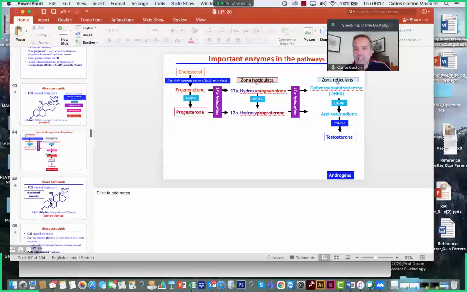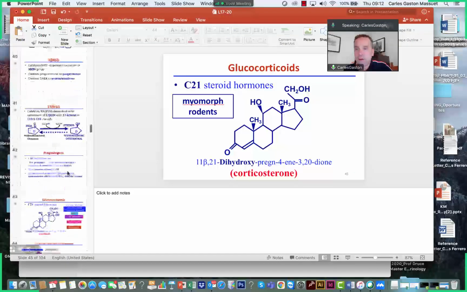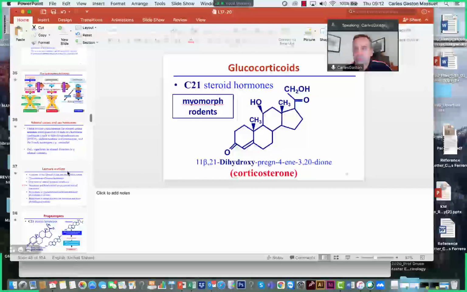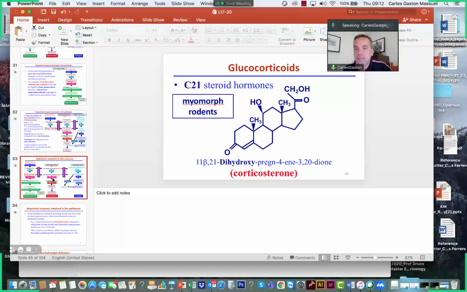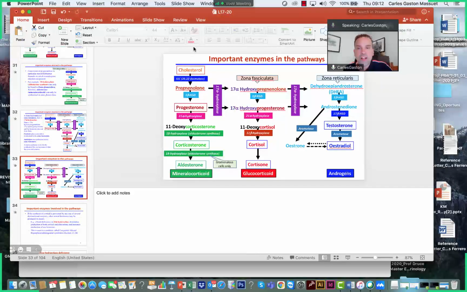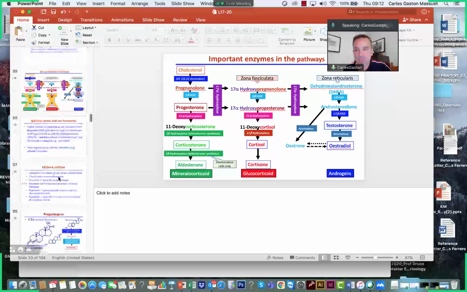Print it out. Don't try to memorize all these structures, right? But you need to understand a little bit this pathway, with each zone, what it does, and the end product. This is the one take-home message, okay? And you don't need to know the biochemical change in every specific step, okay?